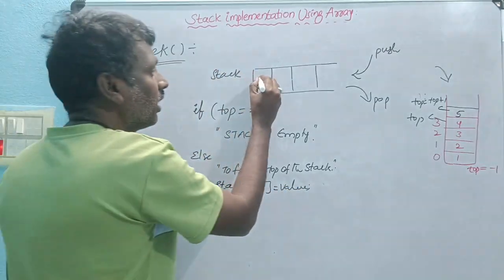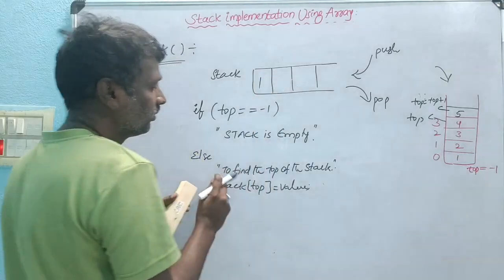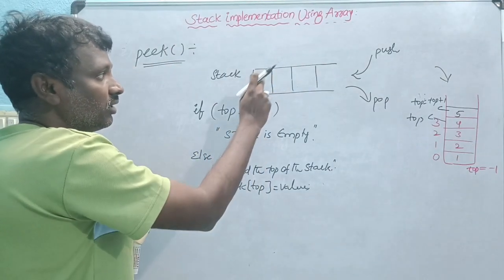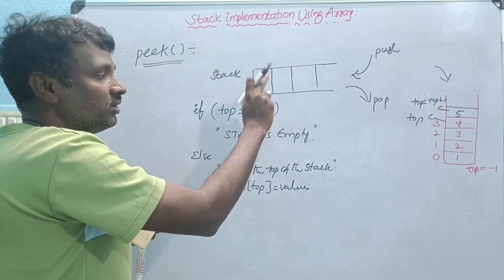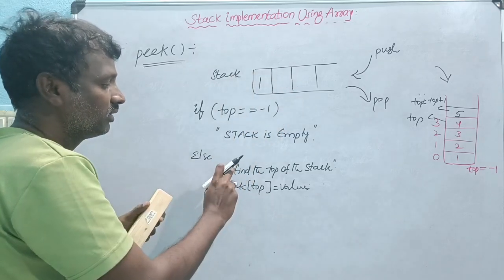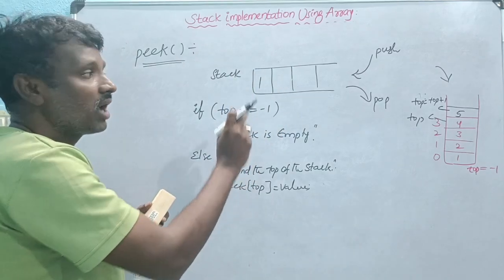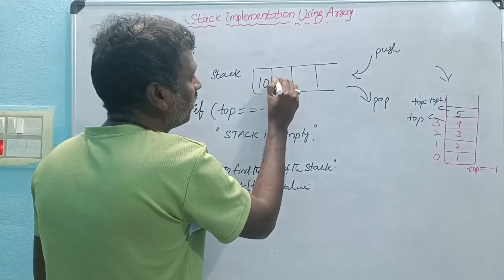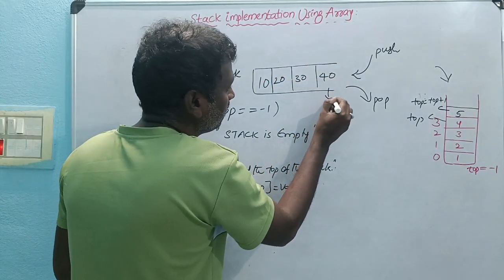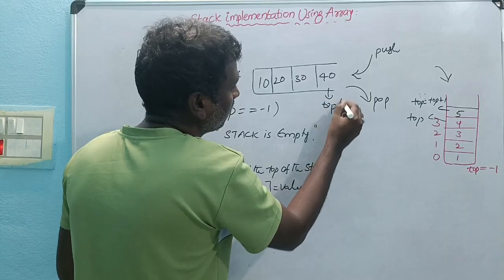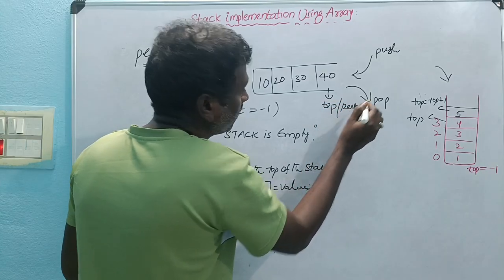Observe this diagram. If the stack is empty, there are no elements stored in our stack. Otherwise, the else part will be executed, and at that time the stack has some elements. Now 10, 20, 30, 40: this is the top element or peak element.